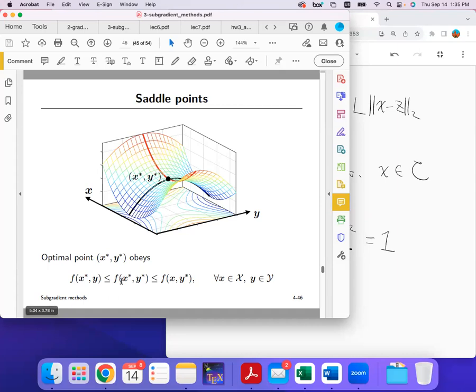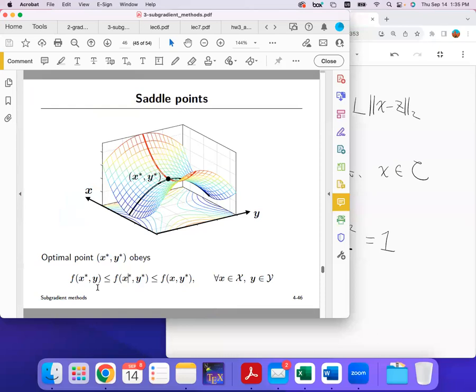At this point, if you switch y star to any other y, that will only lower the function value. Think about that.